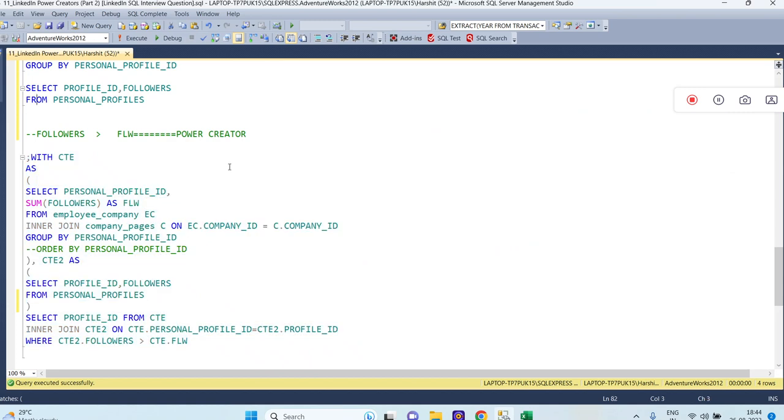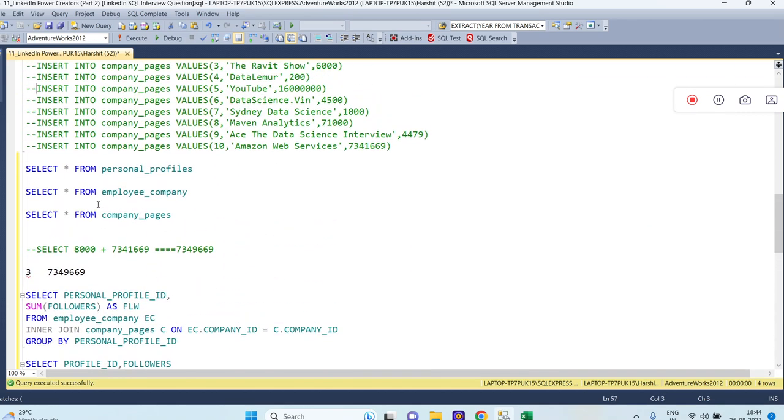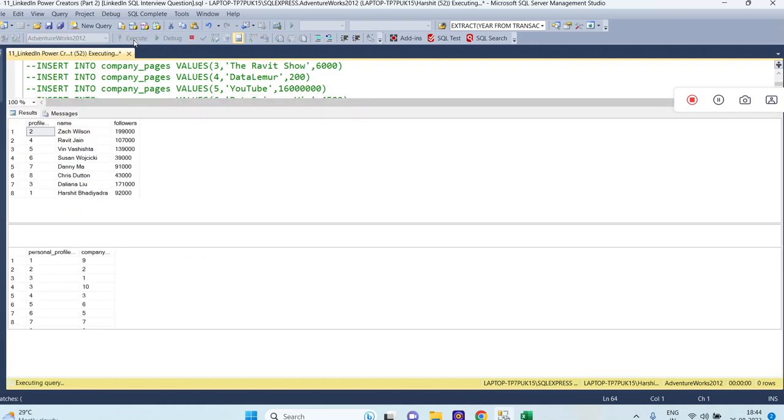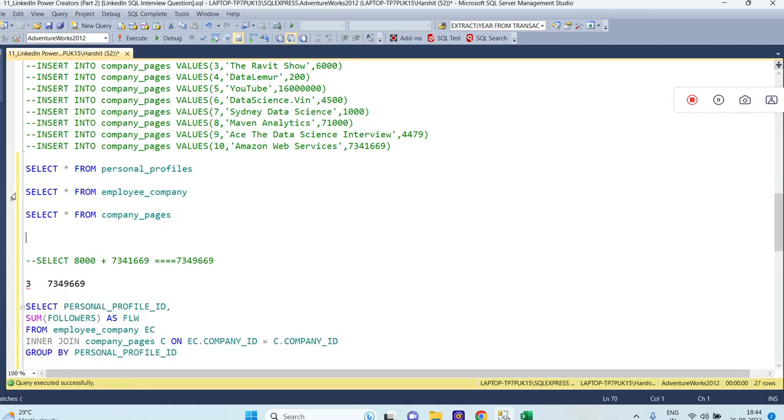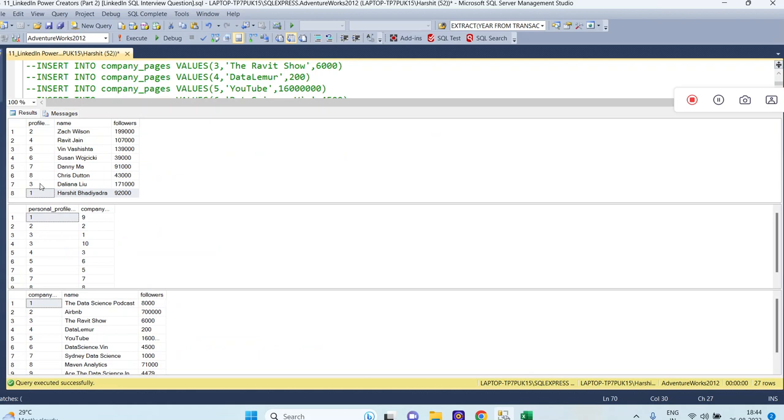So now let me show you a couple of examples. Personal profile ID 1 has this much follower. Now 1 is working for which company? That we have to check.